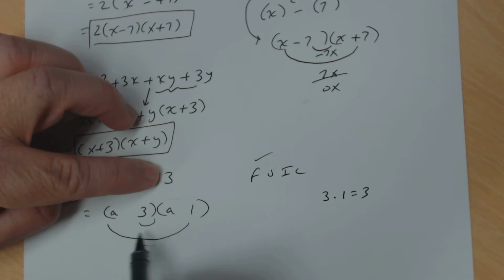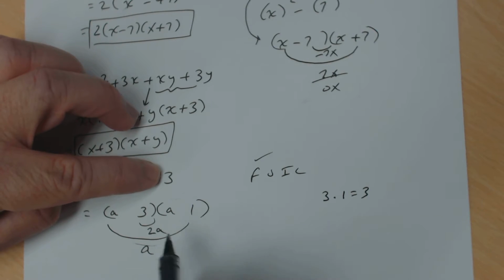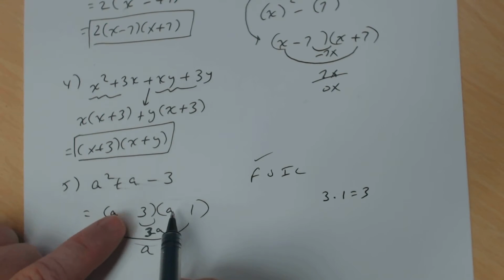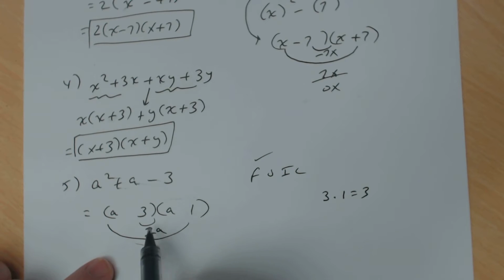The outer is a, the inner is 3a. And remember, since the last sign's negative, that means the signs in here are different. So one of these is positive, one of these is negative.